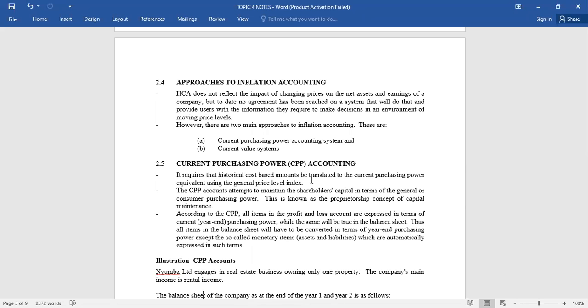So we are trying to avoid the historical cost approach by bringing in the aspect of the prevailing market price or the general price level, except for what we call the monetary items, and these are the assets and the liabilities. So you see, we are trying very hard not to compromise the historical cost approach, but we are trying to express the non-monetary items into present terms.